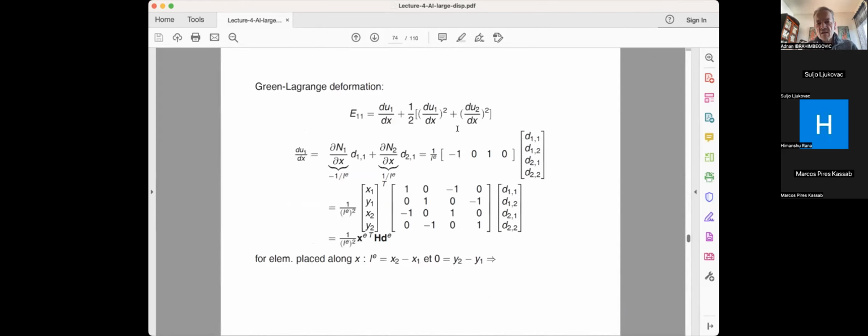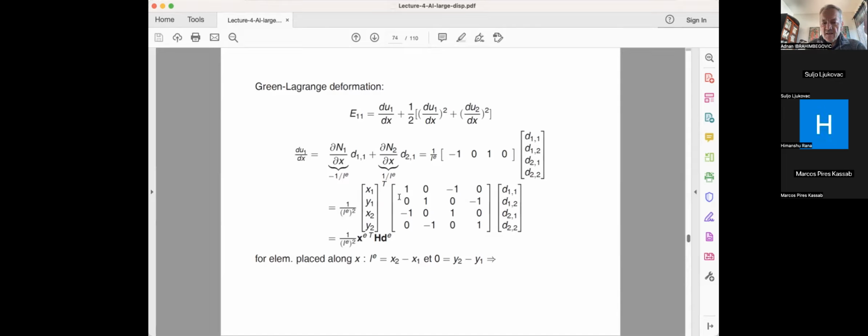So anytime we need it, for example, you need the Green-Lagrange deformation, which could be obtained as du1/dx plus 1/2 (du1/dx) squared plus (du2/dx) squared. So dN1/dx becomes minus 1 over L, dN2/dx becomes plus 1 over L, and we write it like that: 1 over L times minus 1, 0, 1, 0, multiplied by all the values of nodal displacement. This is d1 in direction 1, d1 in direction 2, and then d2 in directions 1 and 2.